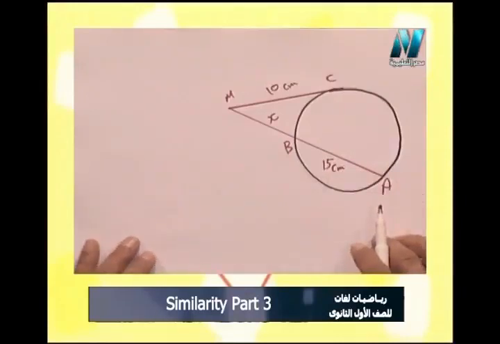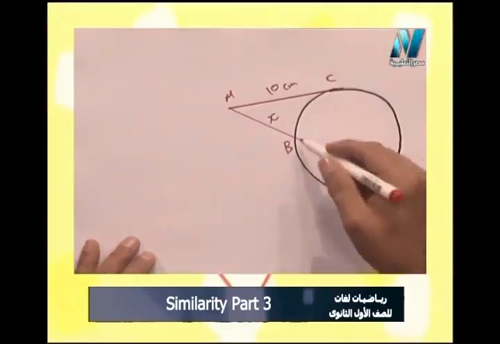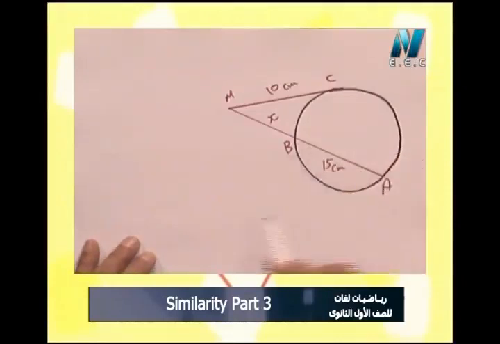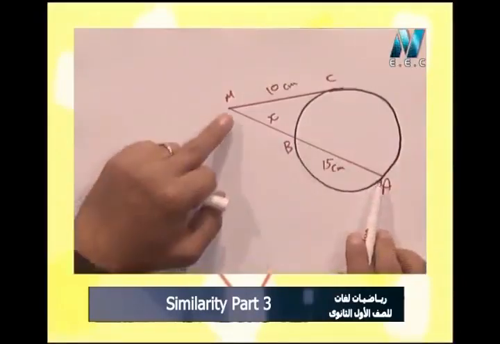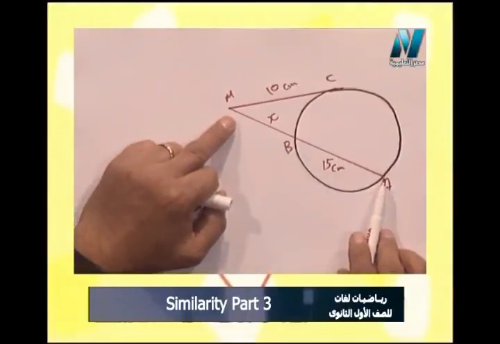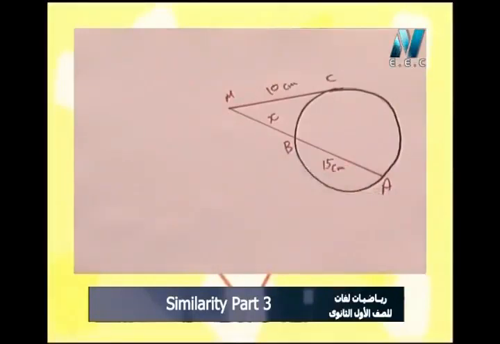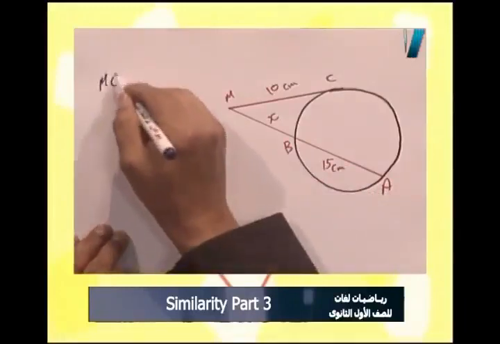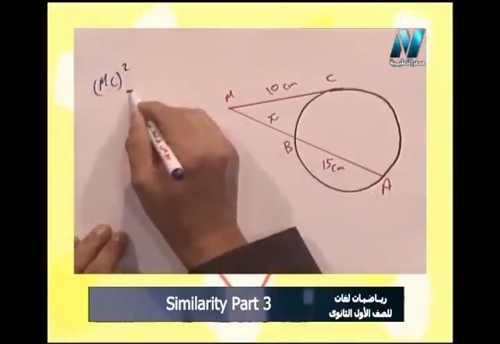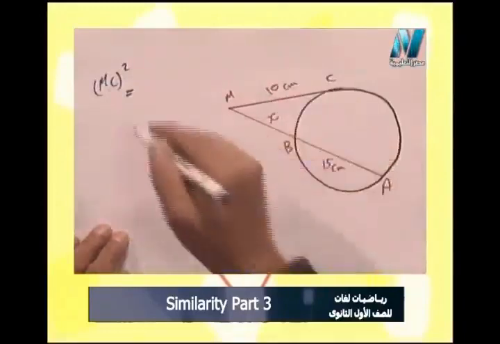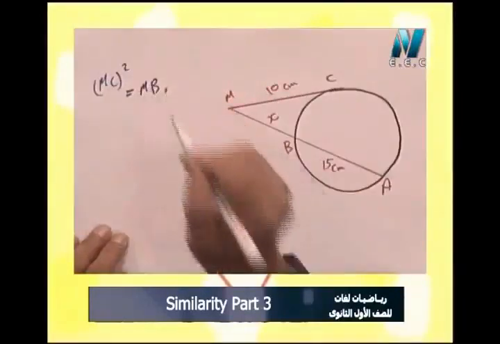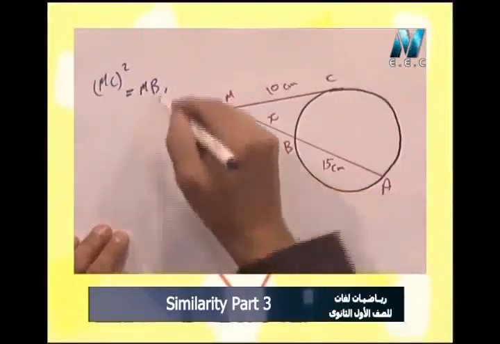So if this part equals 15, then MA equals what here? Exactly, X plus 15. Okay, so let's apply this relation. We have MC power 2 equals MB multiplied by MA.